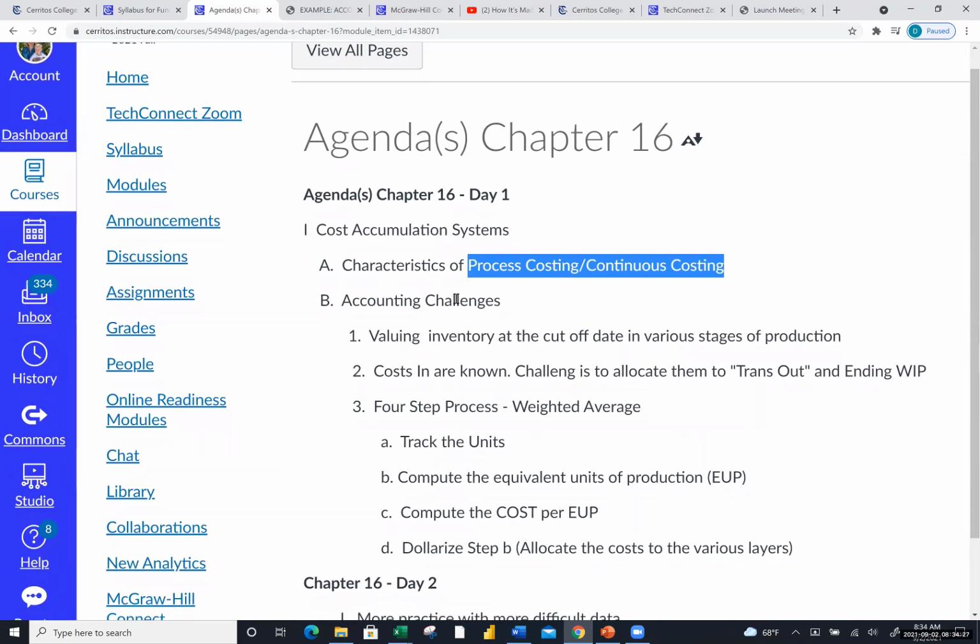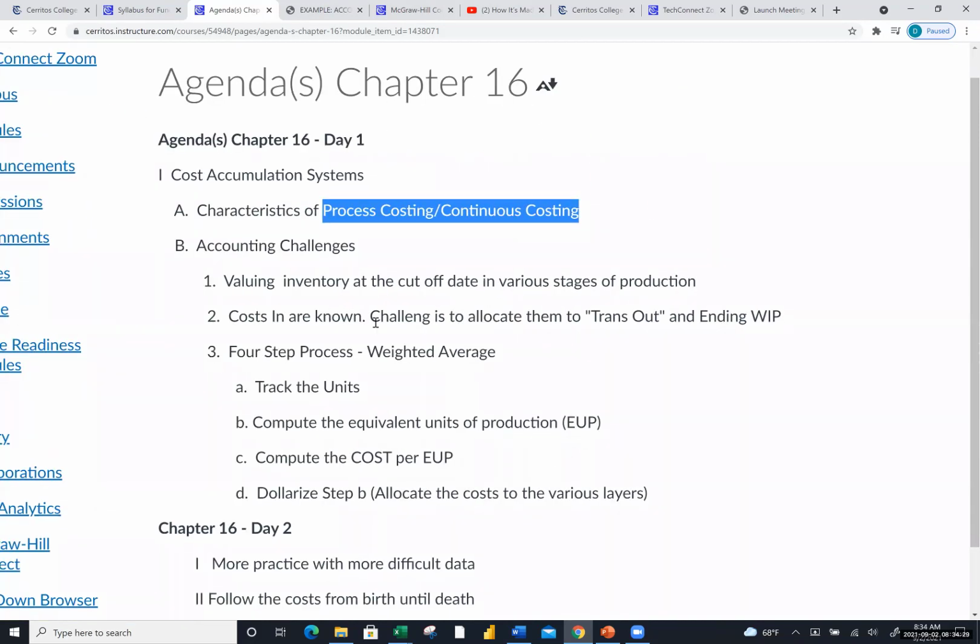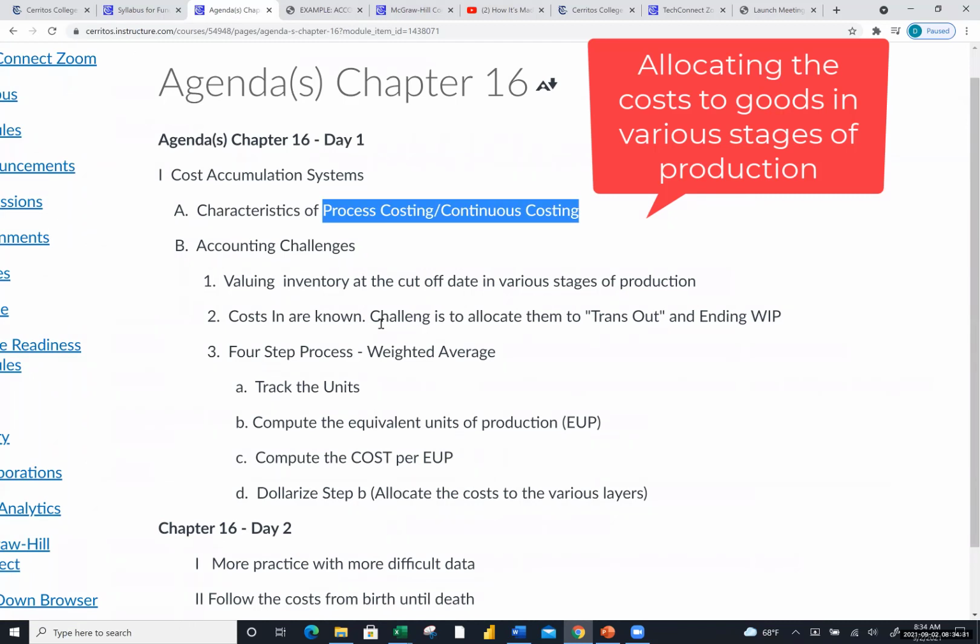So the accounting challenge that you're going to see is not so much how the costs come in. It's more so how do we distribute all of these costs with inventory that's in various stages of production. So if Shell Oil down off the 405 freeway were to say 9/2 is our cutoff date, Shell Oil is not going to shut down because the accountants need to value something.